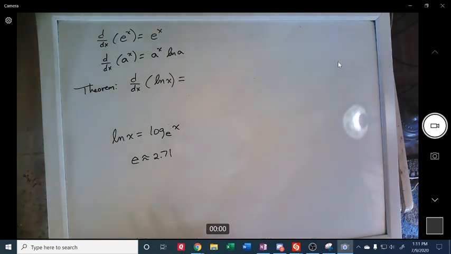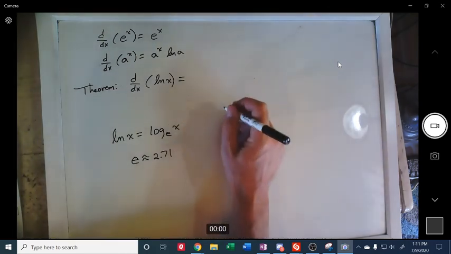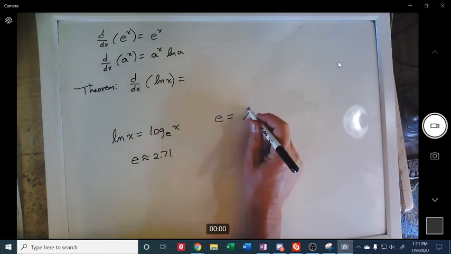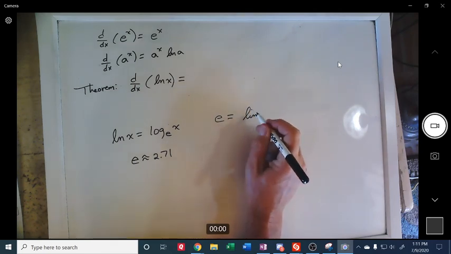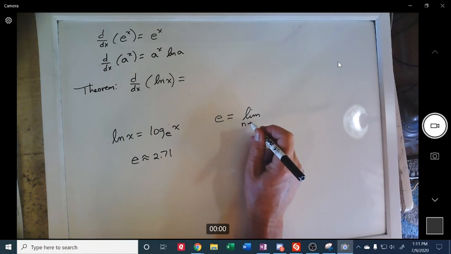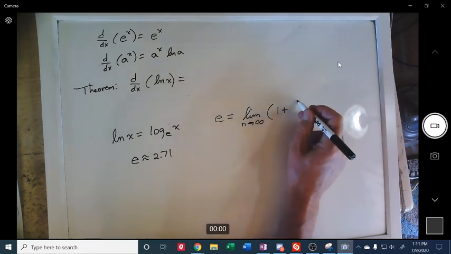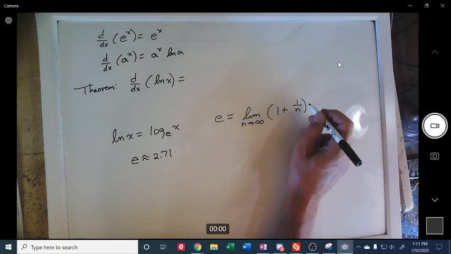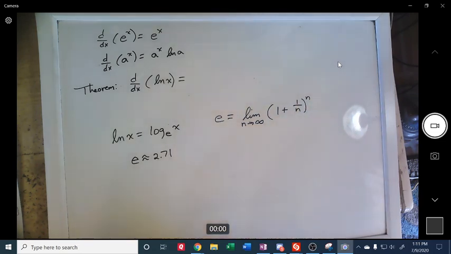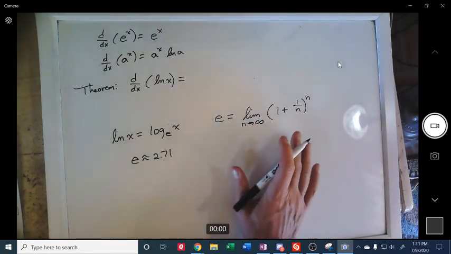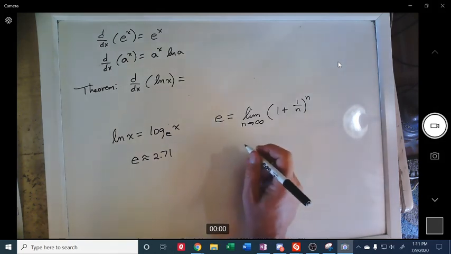The definition of e is the limit as n approaches infinity of 1 plus 1 over n to the nth power. Now we know about limits, so we can kind of get a feel for this. Let me make a little table.